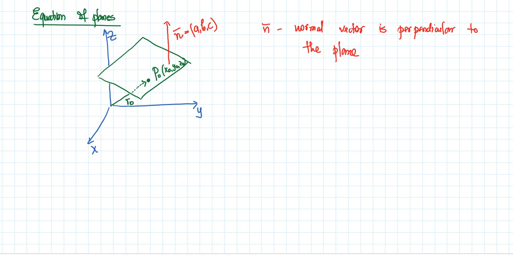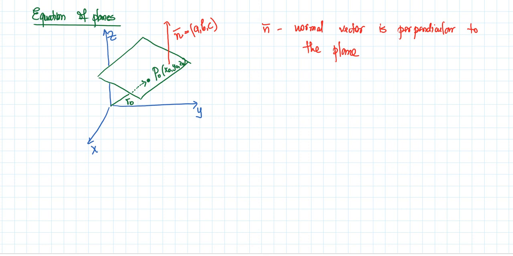Okay? So if we're given a plane, in order to construct it, we need the coordinates of one point, or one vector which is pointing to one of the points on this plane. And we need to know also the normal vector of this plane. The normal vector is a very important feature of planes. It is a vector which is perpendicular to this plane, or to any vector on this plane. Okay? So now what we want is to build the equation of the plane.